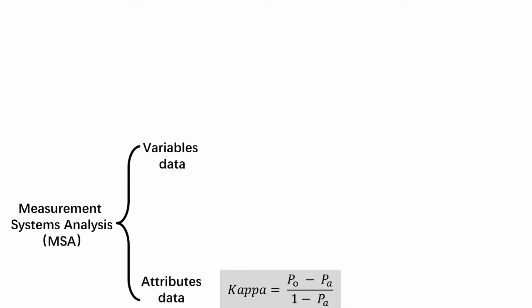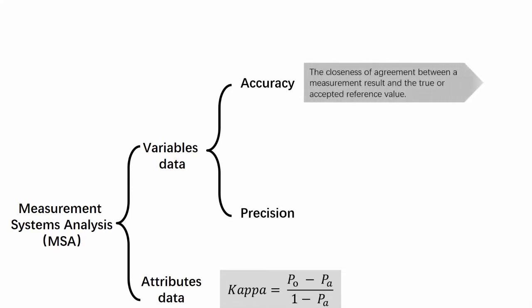Today, we are mainly going to talk about MSA for variable data. For variable data, there are two key concepts. One is accuracy, and the other is precision. Accuracy means the closeness of agreement between the measurement result and the true or acceptable reference value.